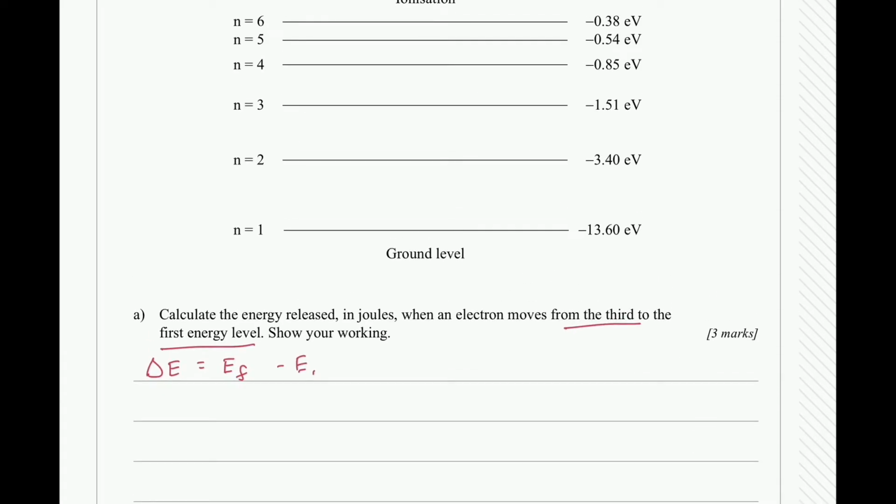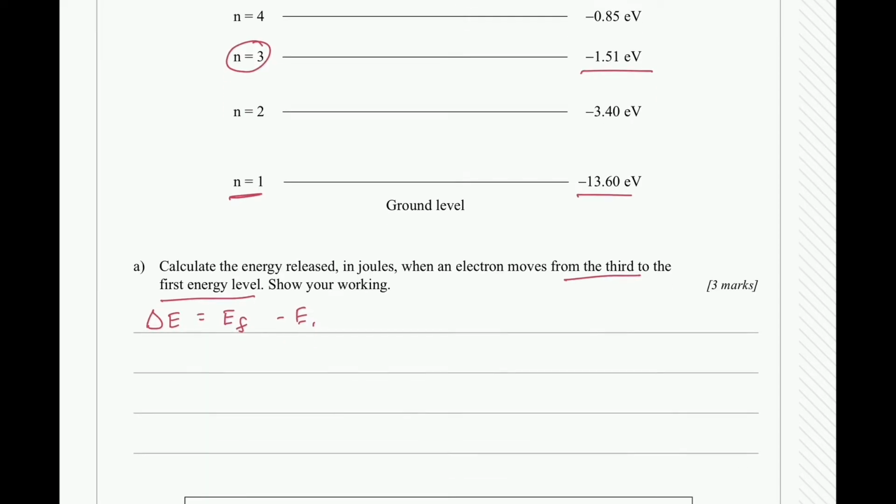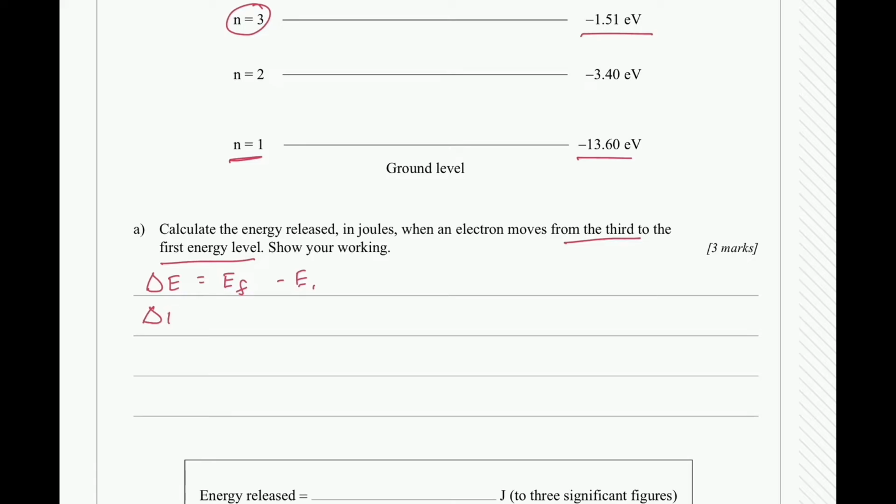So our initial is at n=3, based on from the third to the first. So that's going to be negative 1.51 electron volts, and n=1, our ground state, is negative 13.60 electron volts. So our delta E is going to be equal to negative 13.60 eV.